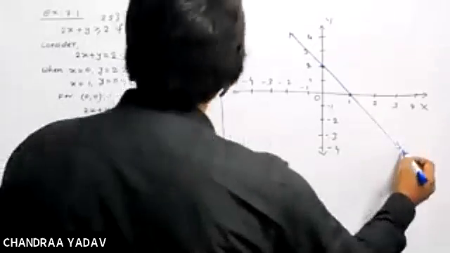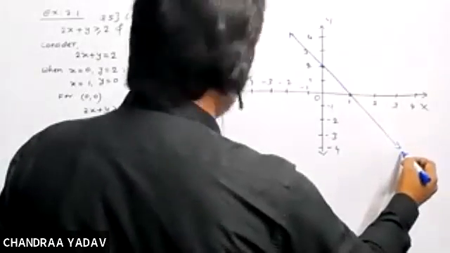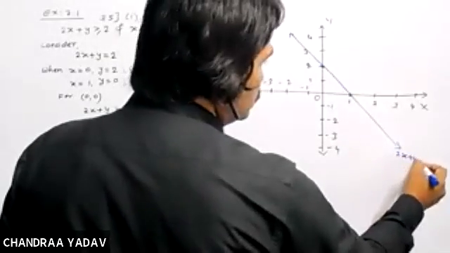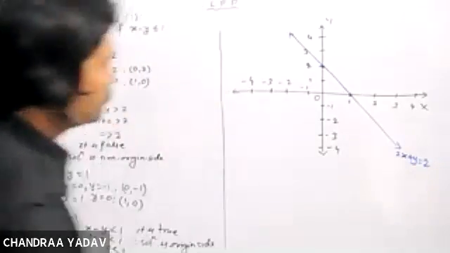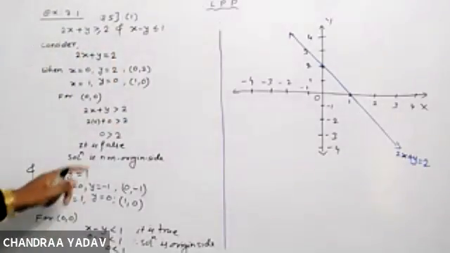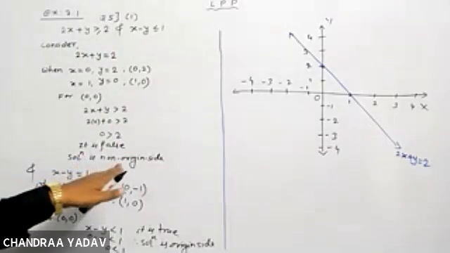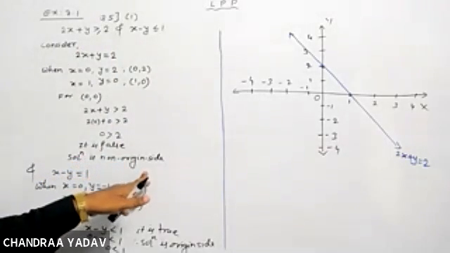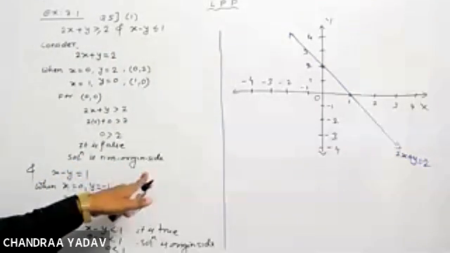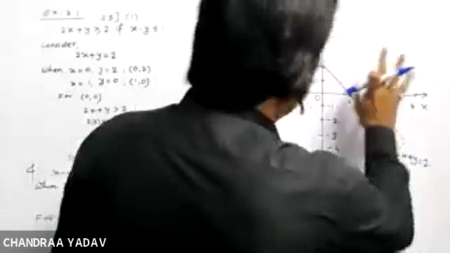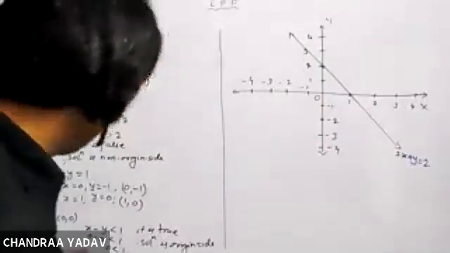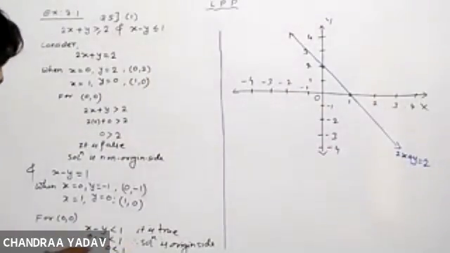So this is 2x plus y is equal to 2. Now, where is the solution here? Non-origin side. Yes or no? Yes, sir.